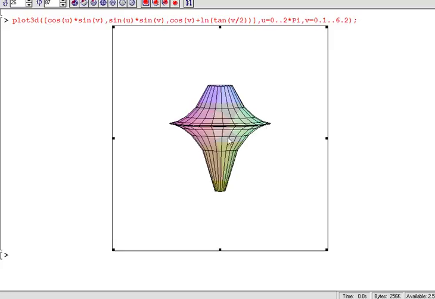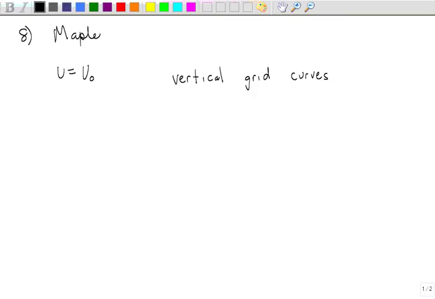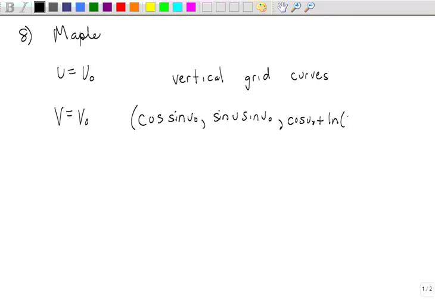So these are when u is constant. When v is constant, we get cosine u sine v0, sine u sine v0, cosine v0 plus ln tangent v0 over 2.